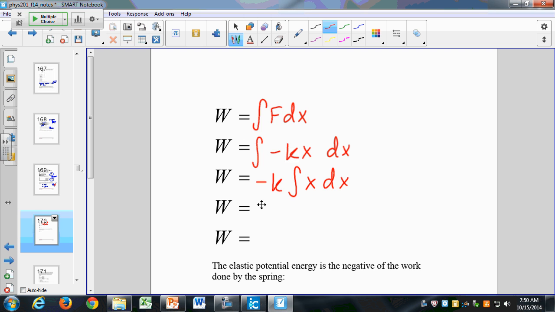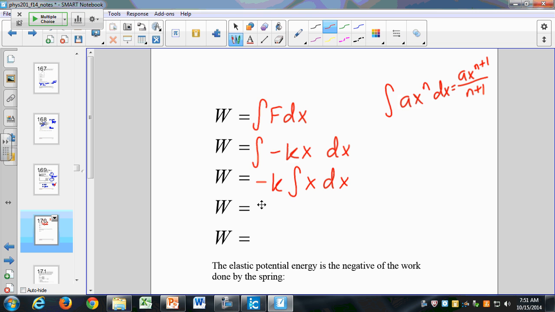Now what is the integral of x dx? 1/2 x squared. Remember the integral of polynomials, say ax to the n dx: if you remember this rule, it was ax to the n plus 1 over n plus 1.